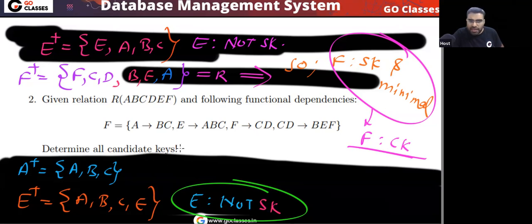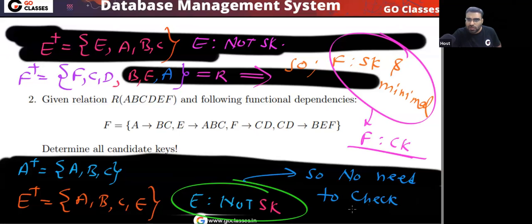So you don't have to check A, B, C. No need to check combinations of ABC. Is this clear? Anyway, this is just a small point. If you understood, very good. If you did not understand, don't worry about it.